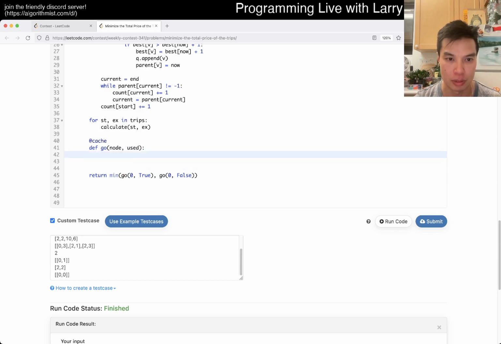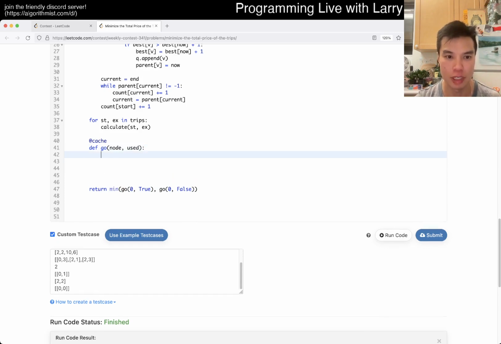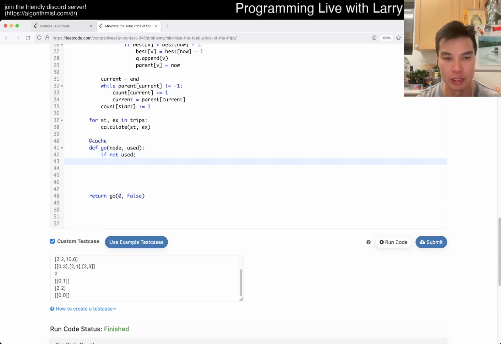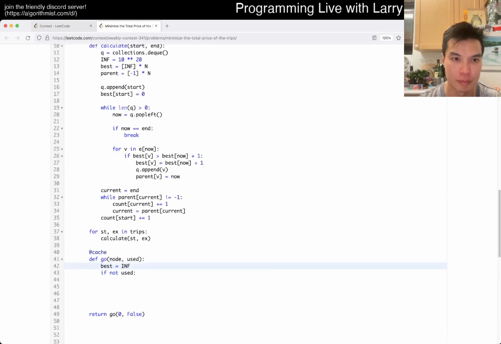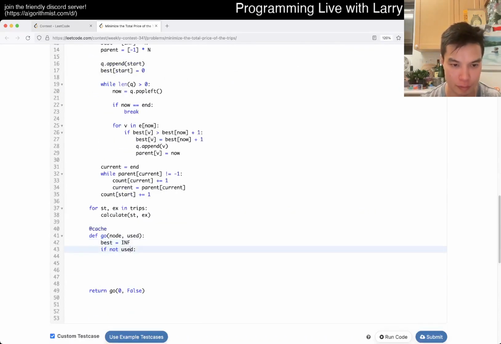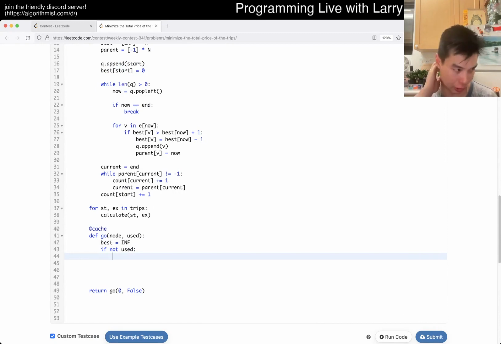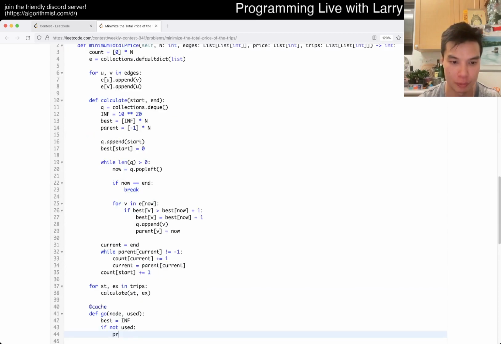No, this is just return false, I think. Because now I could tell, if not used, then we can choose to use this. If we use this, then we have the price of node.